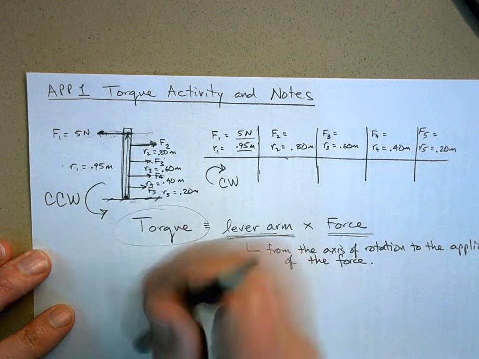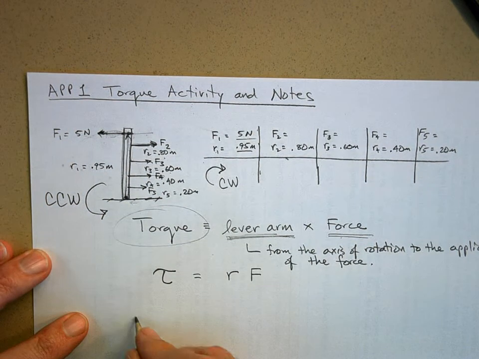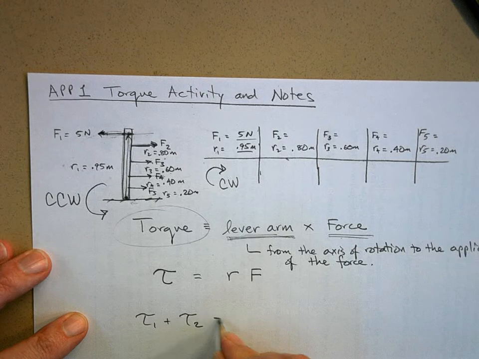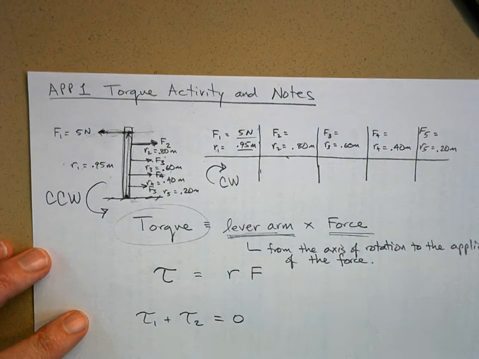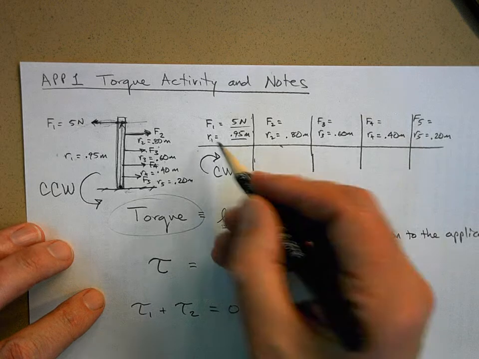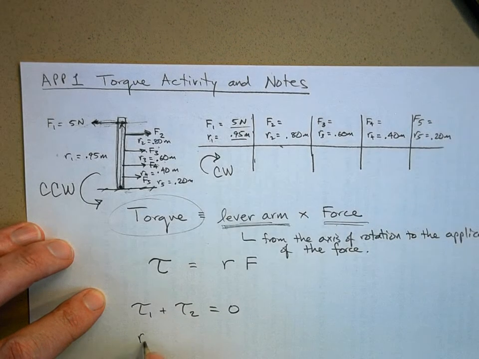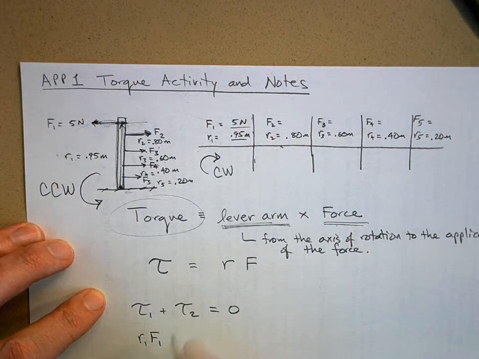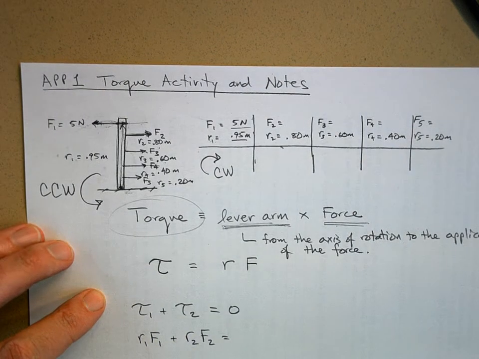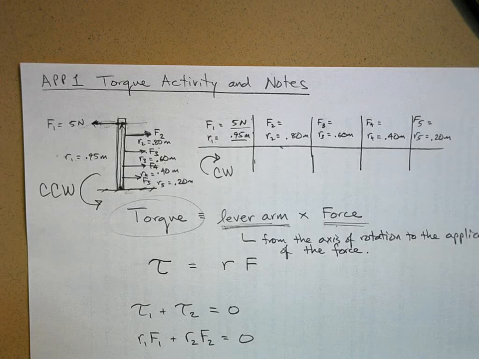So when we had torque 1 plus torque 2, that equaled 0 because the stick wasn't being moved. Now, if we go R1 times F1 plus R2 times F2, that should be equal to 0.